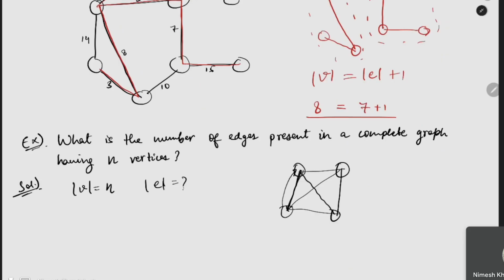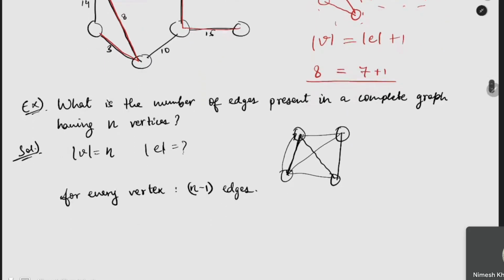Right, so what happens here is that for every vertex we have n minus 1 edges, because there are n minus 1 other vertices for every vertex and it has to connect to all of those vertices, so we have n minus 1 edges.